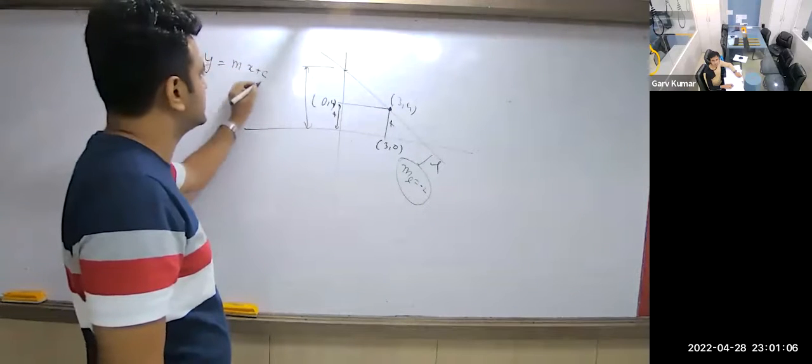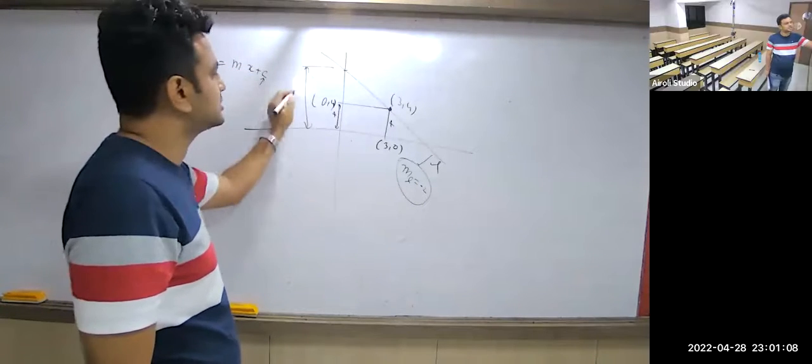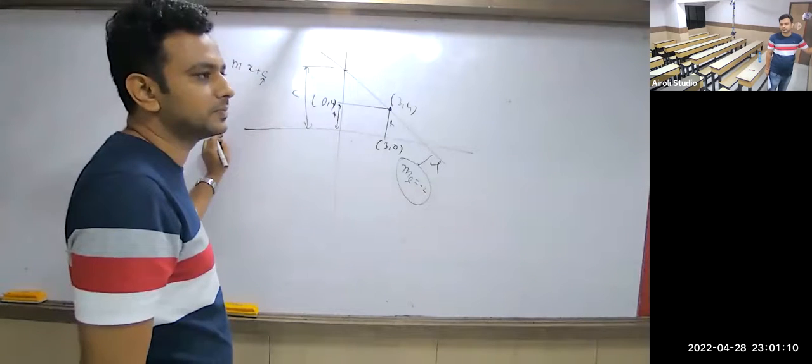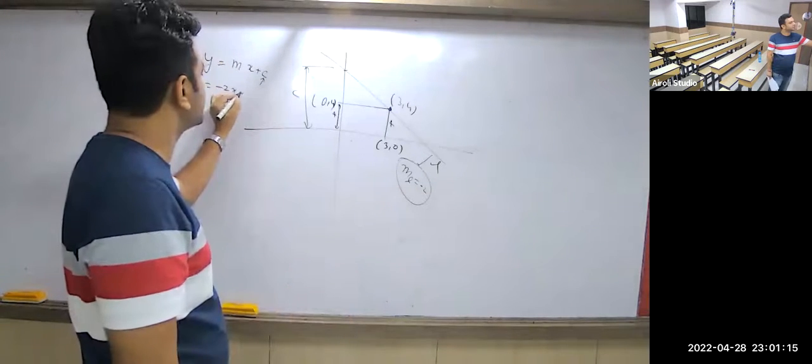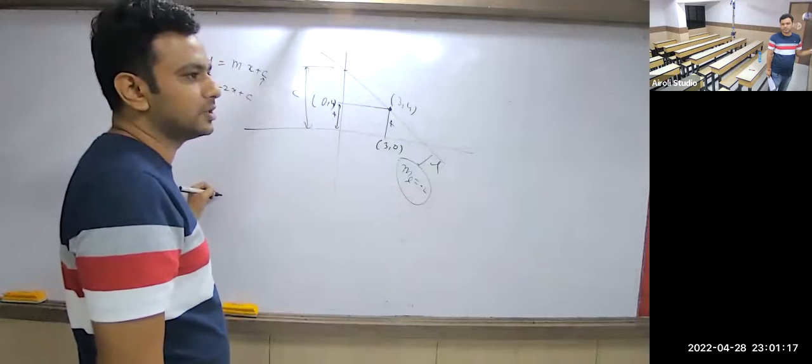We want this c, the y-intercept. So y will be equal to m value, minus 2x plus c.